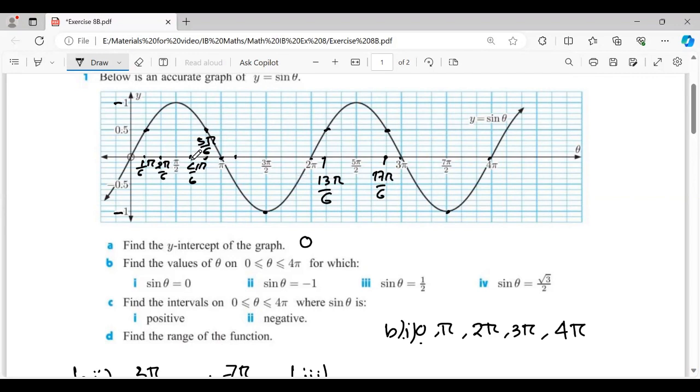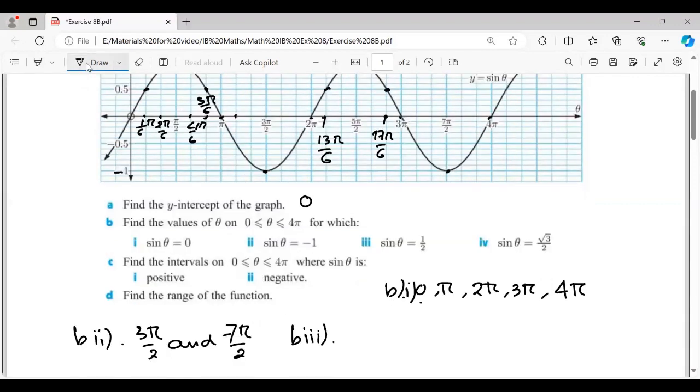So, 1, 2, 3, 4. Let's scroll down and write. B3: pi over 6, 5 pi over 6, 13 pi over 6, and 17 pi over 6.